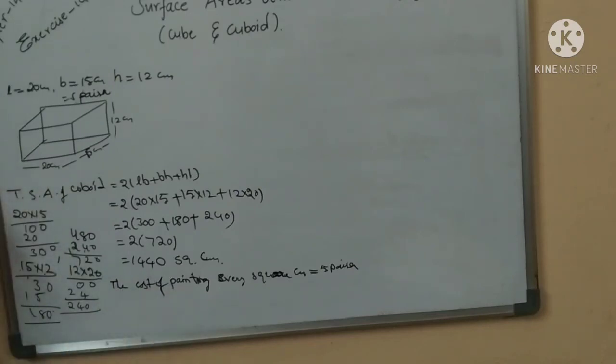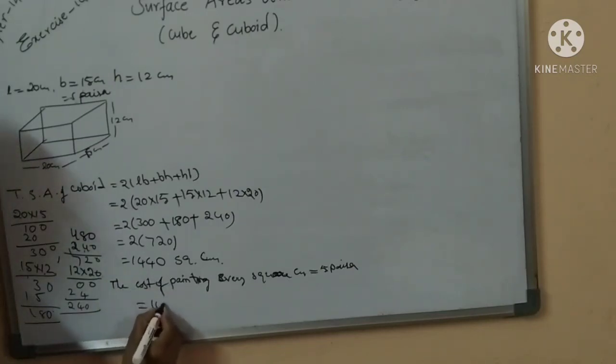Here 1440 square centimeters, so 1440 into 5 paisa. 5 zeros is 0, 5 fours are 20, 5 ones are 5 plus 2 is 7.